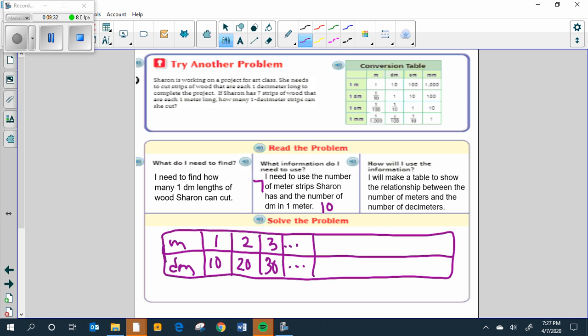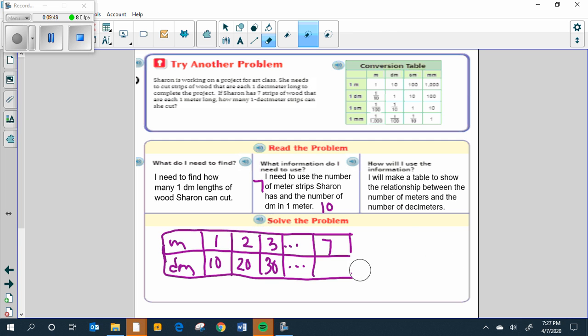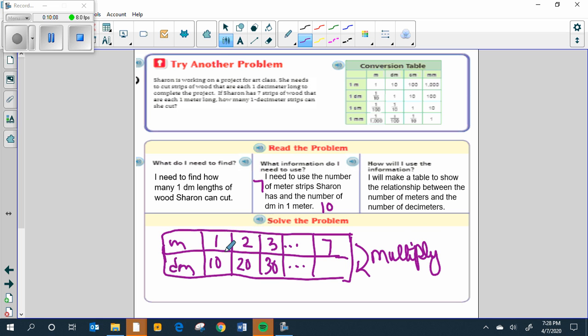I know my rule. This would be 7. I've got 7 meter strips, and so how many pieces, decimeter size pieces, will that cut? Well, if I look at the rule from meters to decimeters, I can see that my rule is multiply by, if I'm going from 1 to 10, I'm multiplying by 10.